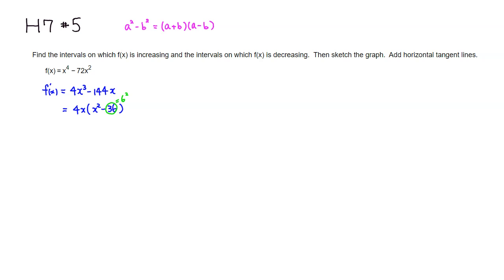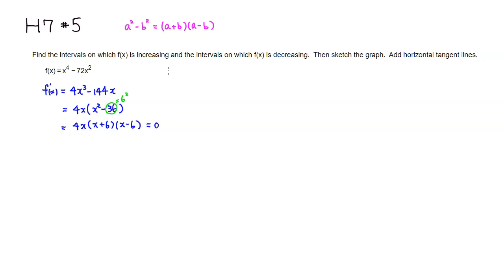I'm going to use that to factor even further. So 4x is still there, and you have x plus 6 and x minus 6. That's the derivative.